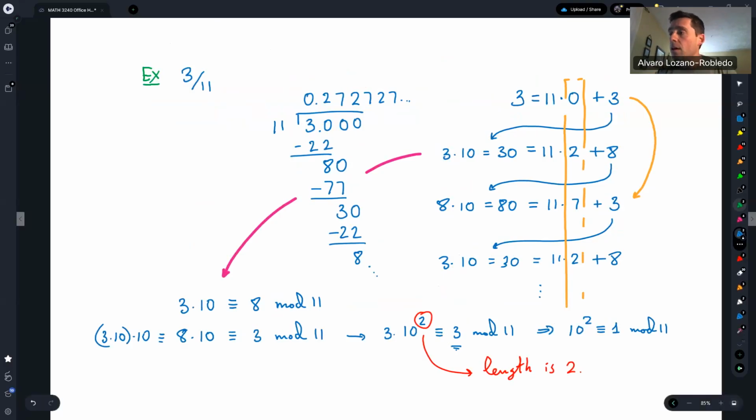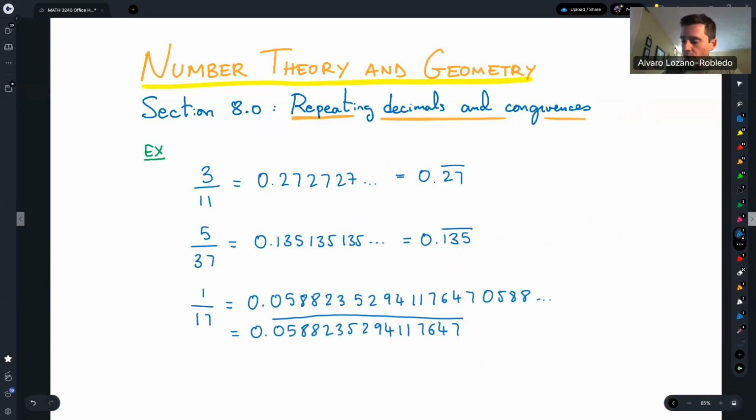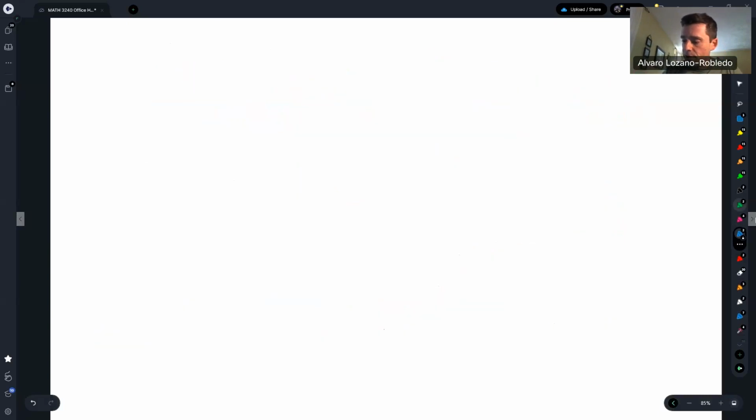Let's try it again with the other one we had here, 5 over 37. With 5 over 37, we would start the calculation with 5 over 37 times 0, that's 5. Then multiply by 10, that's 50. And 50 is 37 times 1 plus 13.